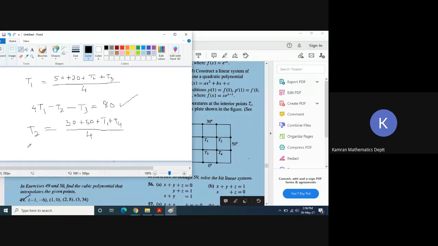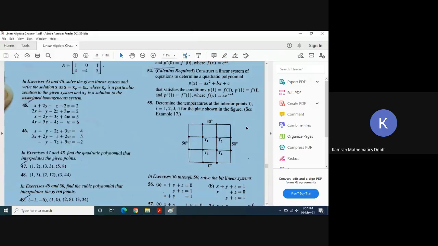So here we will have minus T1, minus T4, minus 4T2, and this is equal to 80. This is the second equation.